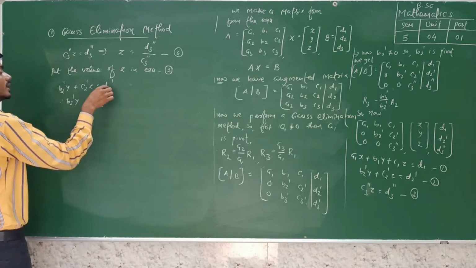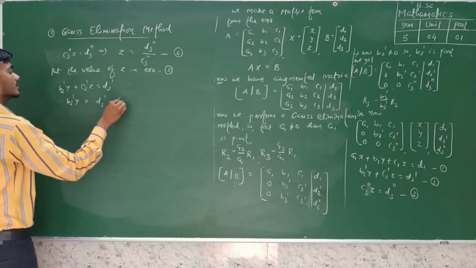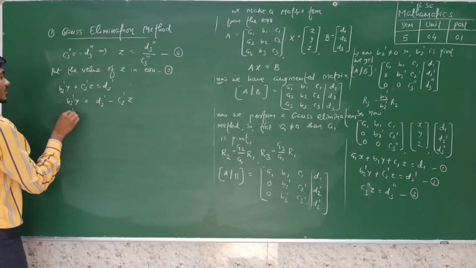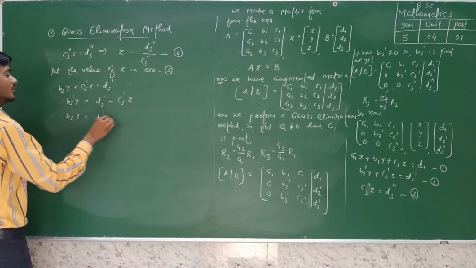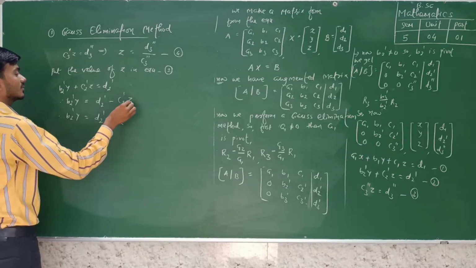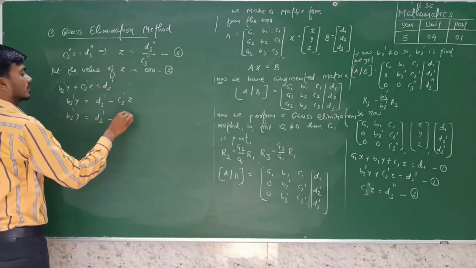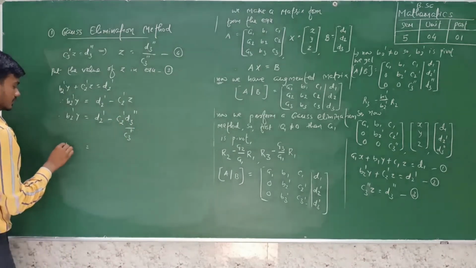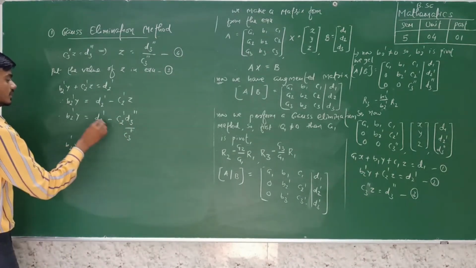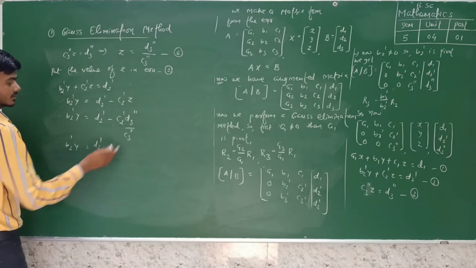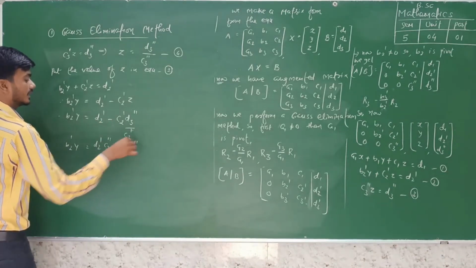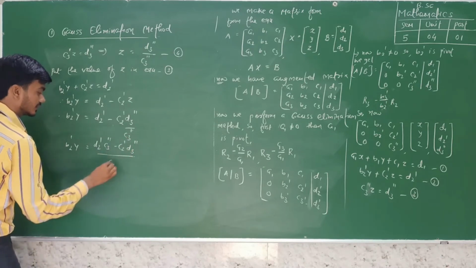So D2 dash minus C2 dash Z. B2 dash Y is equal to D2 dash minus C2 dash, and put the value of Z, D3 double dash upon C3 double dash. Taking the LCM: D2 dash C3 double dash minus C2 dash D3 double dash upon C3 double dash.